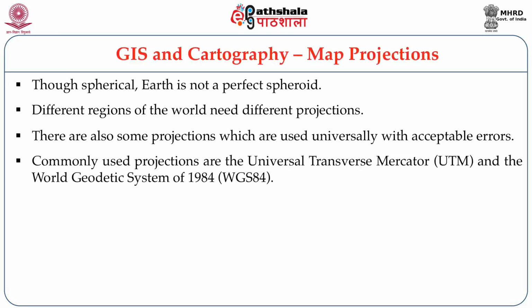The most commonly used projections are the Universal Transverse Mercator, known as the UTM, and the World Geodetic System of 1984, known as the WGS 84. These UTM and WGS 84 are usually the most preferred projections used universally for the GIS and digital mapping process.